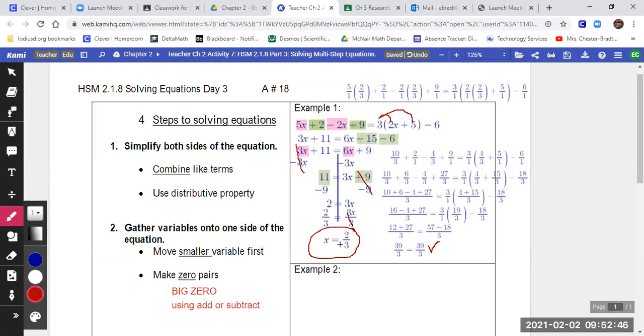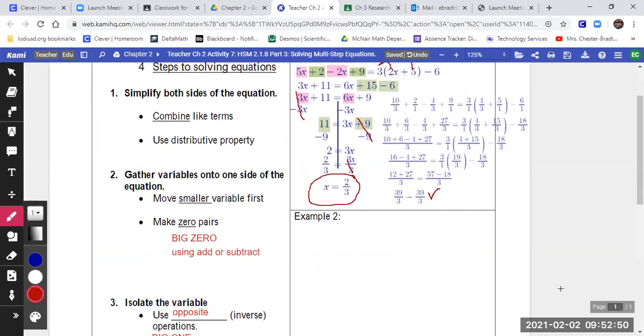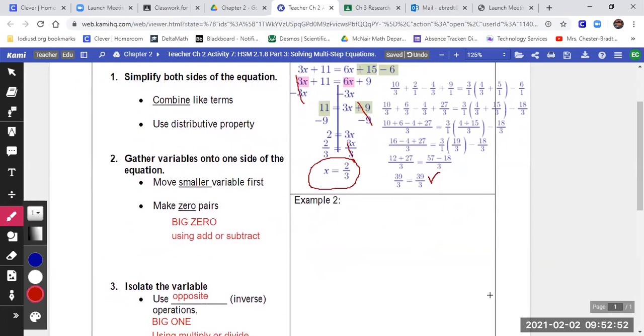For my final answers, I have to make sure they're in simplified form. But for my check, I only have to worry about it coming out to be the same on both sides. I do not care that it's simplified or not. Questions about that?